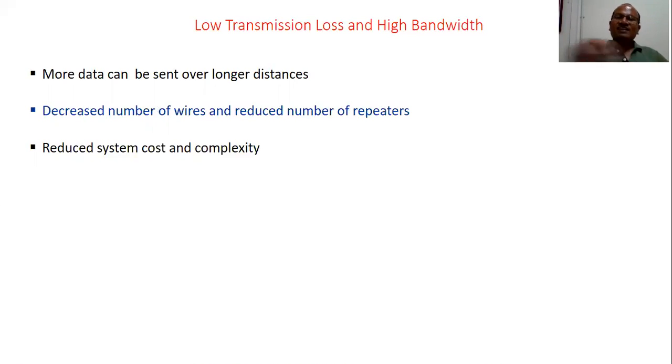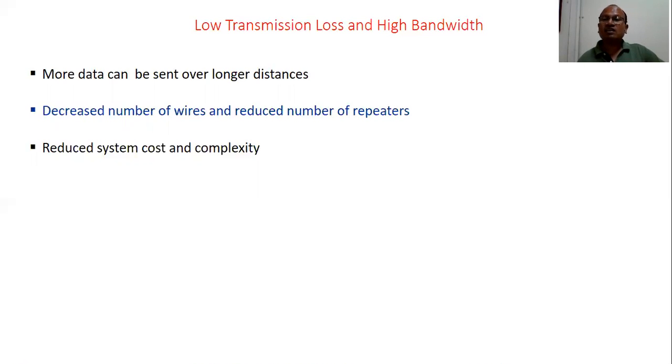Because when signal is transmitted through the transmission media, a huge amount of losses occur, and therefore it cannot travel to long distances. So if the transmission loss is low, what will happen? It can travel to longer distances.